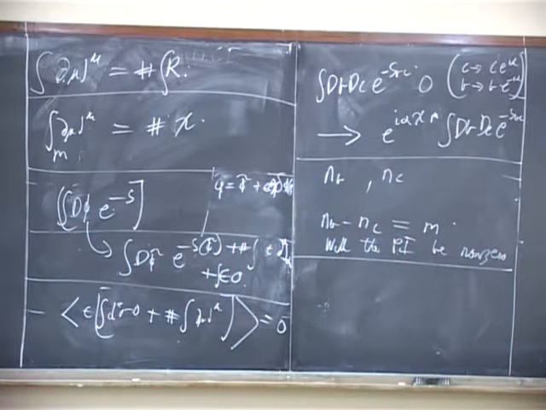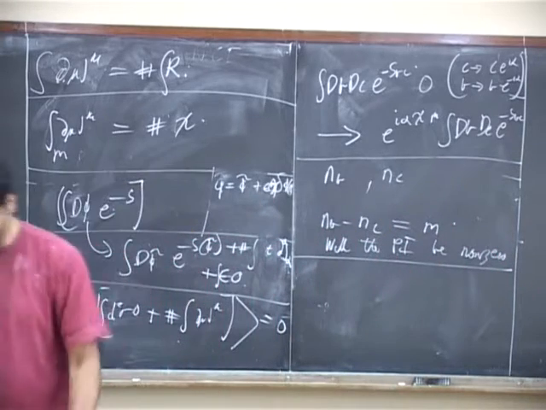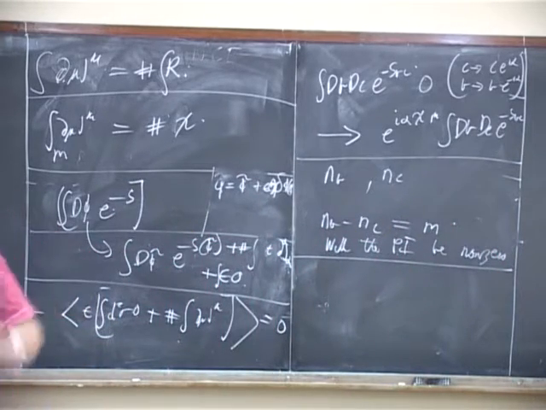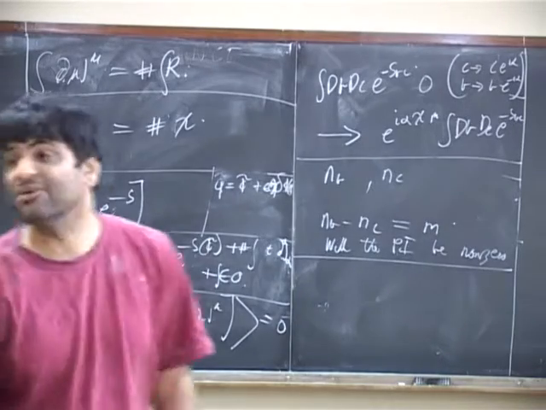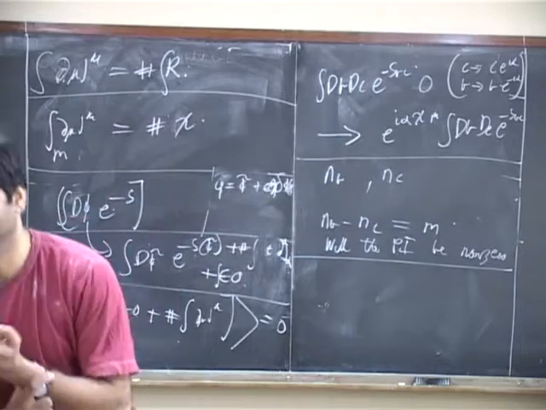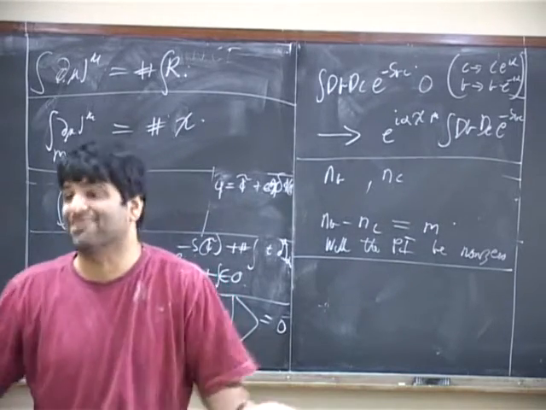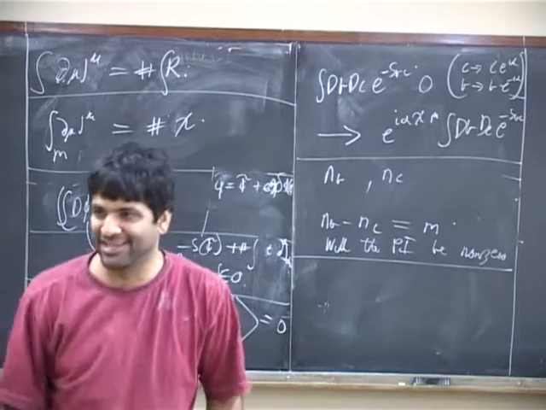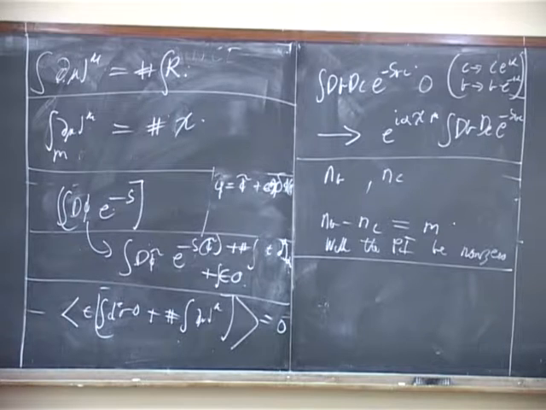This is the situation whenever you have anti-commuting fields that could have zero modes. A path integral involving the zero mode is just zero, and you need some insertion in order to get something non-zero.